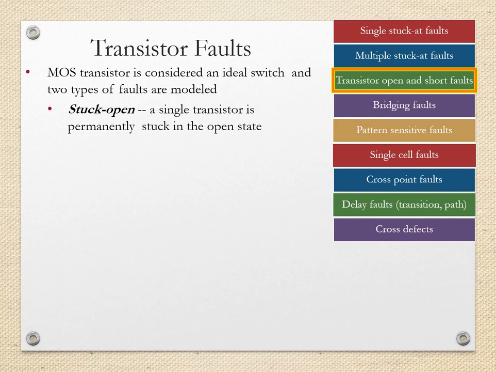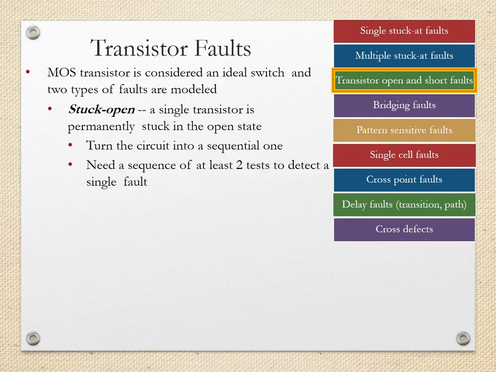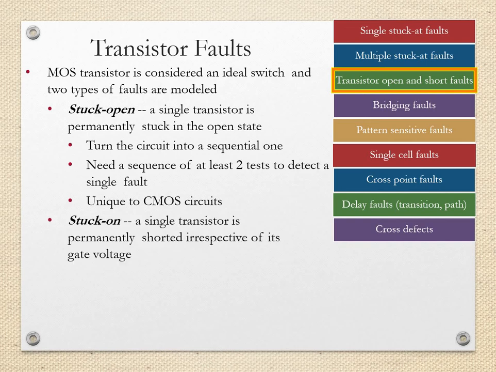Either stuck-open, meaning the transistor is permanently stuck in the open state, which turns the circuit into a sequential one and needs a sequence of at least 2 tests to detect the single fault, unique to CMOS circuits. And the other category of fault is stuck-on. A single transistor is permanently shorted irrespective of its gate voltage, meaning it is permanently on.